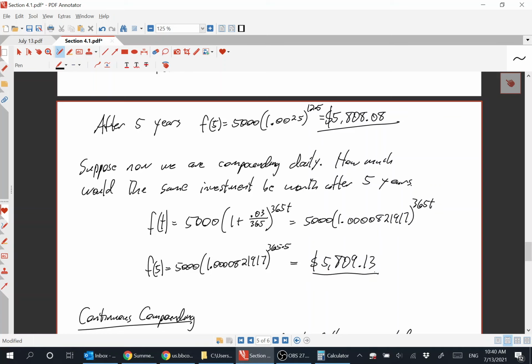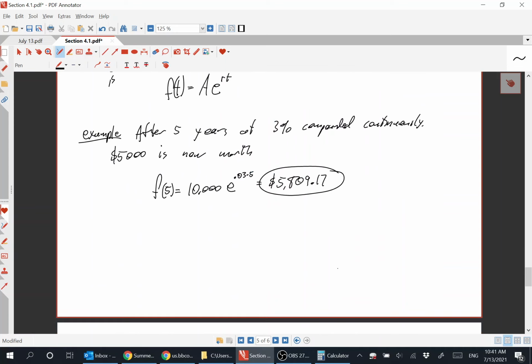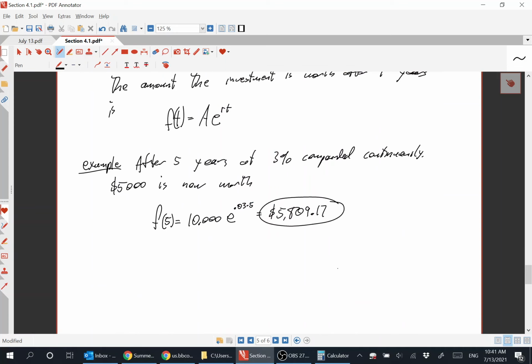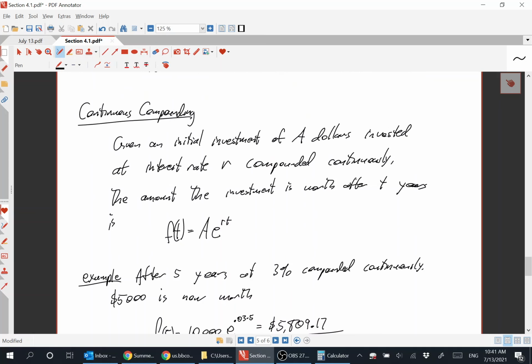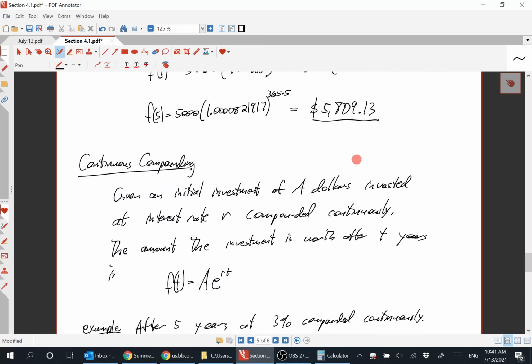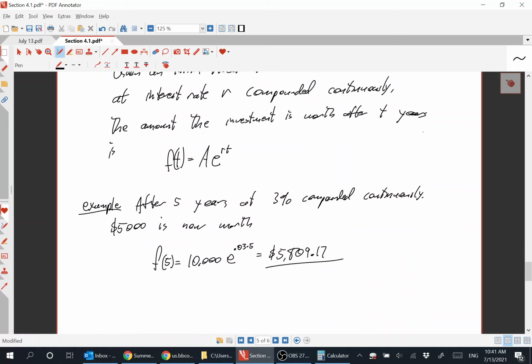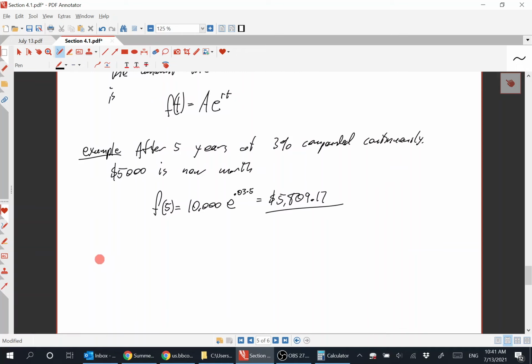And more compounding periods give you a little bit more of a kick until you get to continuous compounding, and that's the upper limit right there. But it's a little bit more. I mean, here we got 4 cents extra, right? 13 cents, 17 cents. And this is in contrast to compounding once per year.